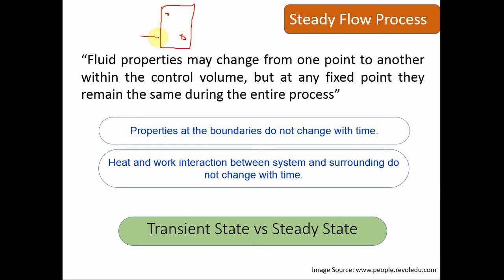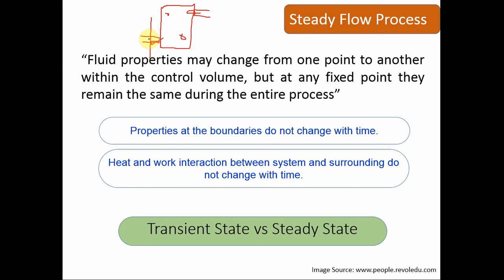For example, if it is an open system, there is an inlet and an outlet. Properties at the inlet may be different to properties at the outlet. But if you take a particular cross section, a particular point, then properties do not change with time. That is called a steady flow process.